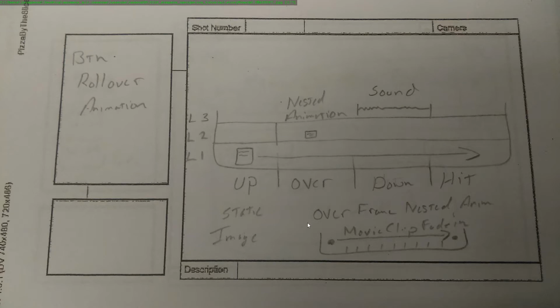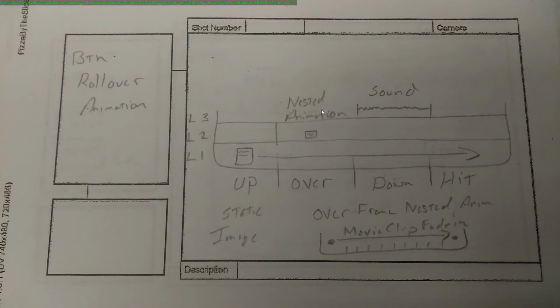Each of our buttons will have a small rollover animation in them. So as we learned from the chapter, a button consists of up, over, down, and hit. The up state is what the user sees, and it's going to ride all the way from the up all the way through the hit state. That way the graphical icon that the user sees is the same as the hit area for the button.